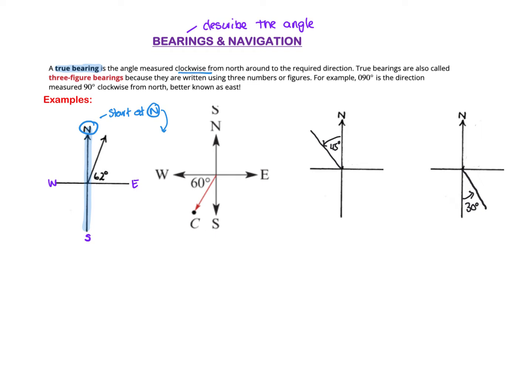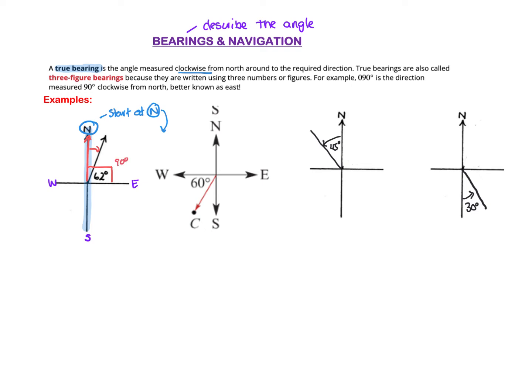If I look at this first one here, you're starting at this north line and then you go until you hit the line they're talking about. Between north and east is a right angle. So how many degrees in a right angle? 90.